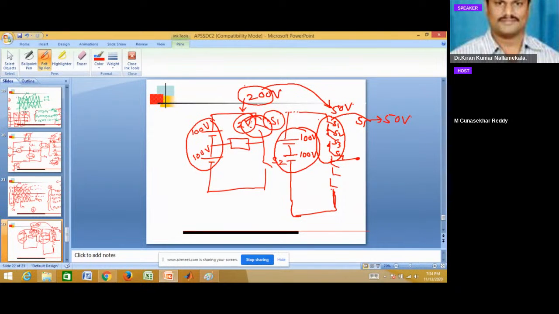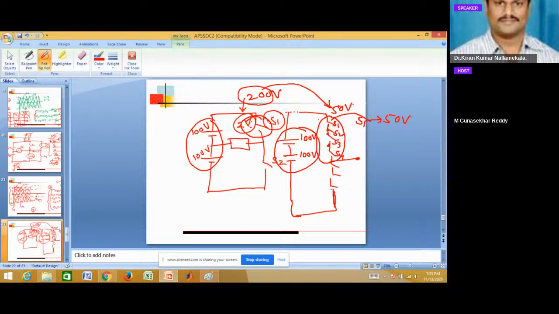So there you have to go to a multi-level configuration, or you have to connect a large number of switches in series to withstand the high voltage. But your question is that the cost of a multi-level inverter is high compared to a conventional inverter, obviously.